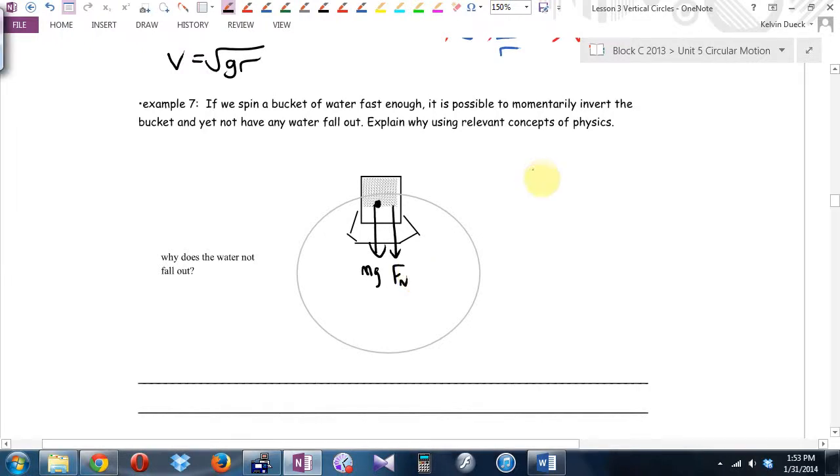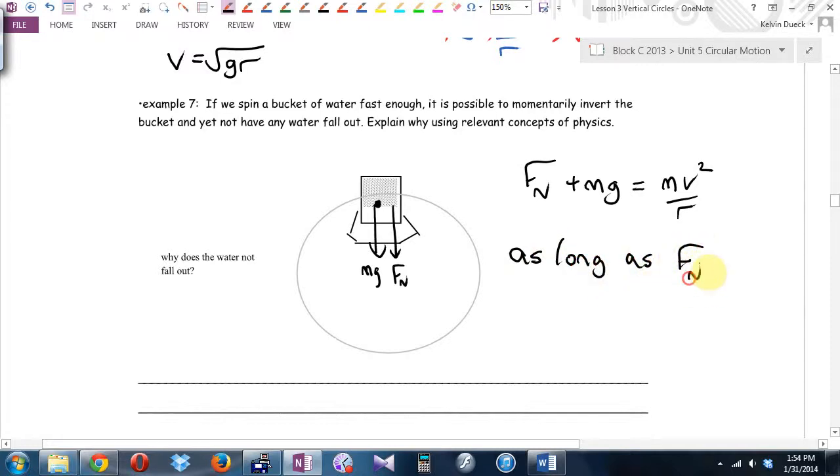We would say this: when you're moving in a circle, as long as the normal force is bigger than or equal to 0. How could you have a negative normal force, Mr. Dueck? Well, really what we're saying is the maximum case is no normal force. You have this.